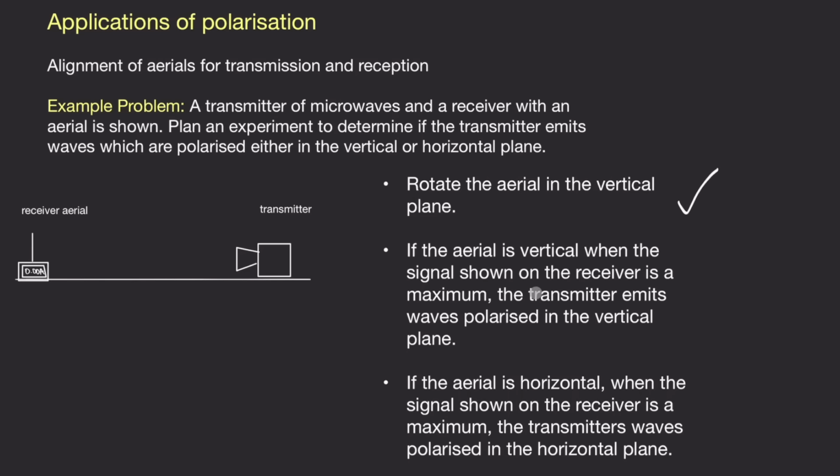If the aerial is vertical, when the signal shown on the receiver is at a maximum, the transmitter emits waves which have been polarized in the vertical plane. On the other hand, if the aerial is horizontal, basically tilted on its side, when the signal shown on the receiver is a maximum, then the waves of the transmitter are polarized in the horizontal plane.